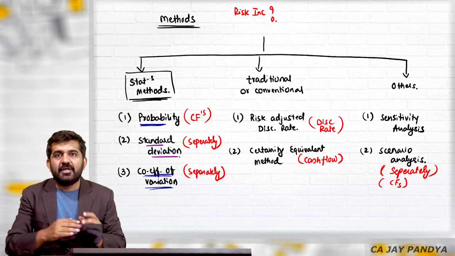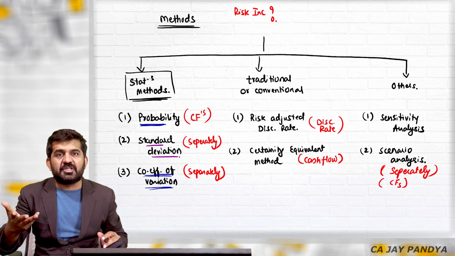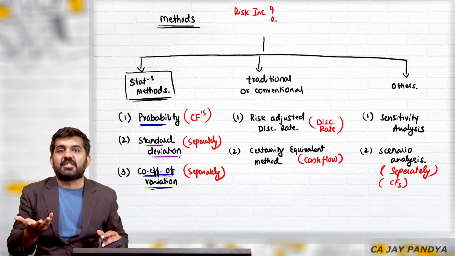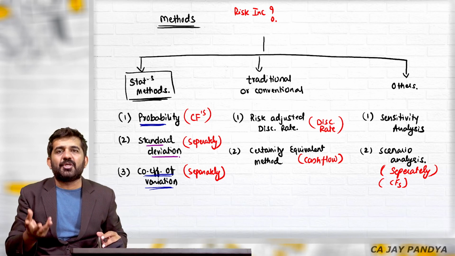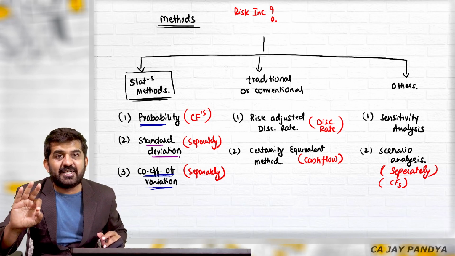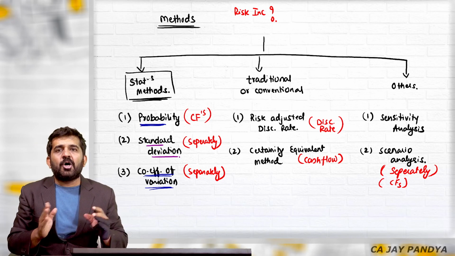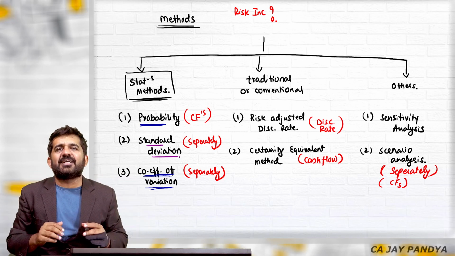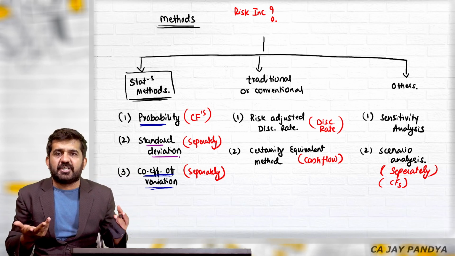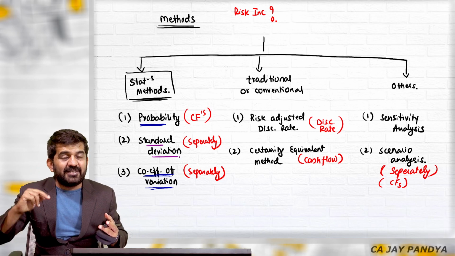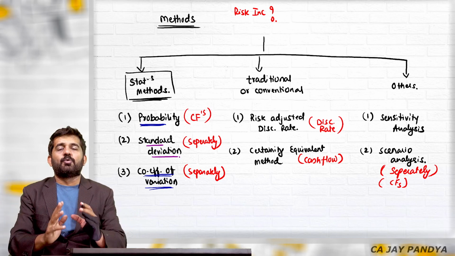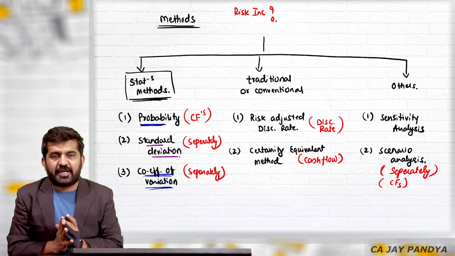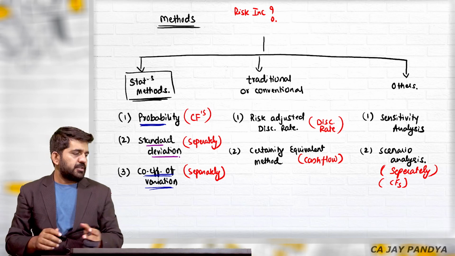But understand, in the worst scenario, we are reducing the cash flow. In the best scenario, we are increasing the cash flow. So you may argue that, sir, we are adjusting risk in cash flow. The answer is yes. You may also argue, sir, we are presenting the data separately, so it is considered separately. But whether in argument 1 or argument 2, you are incorporating risk in your capital budgeting decisions.